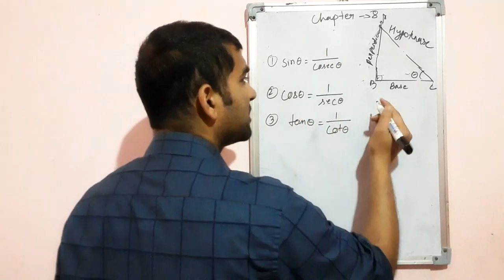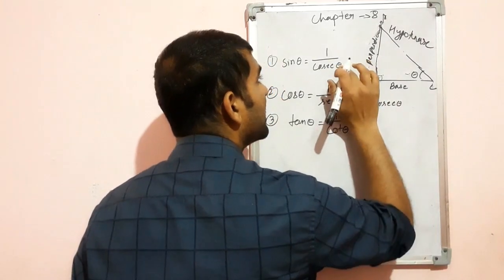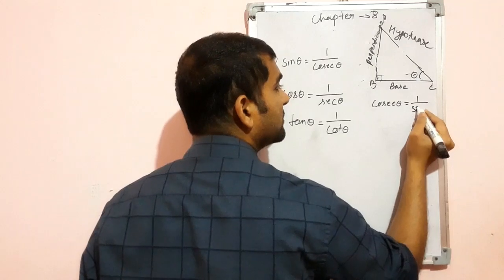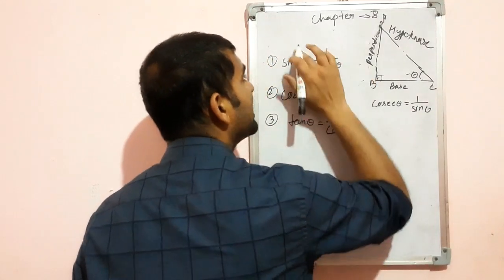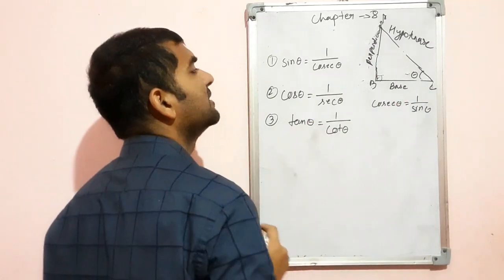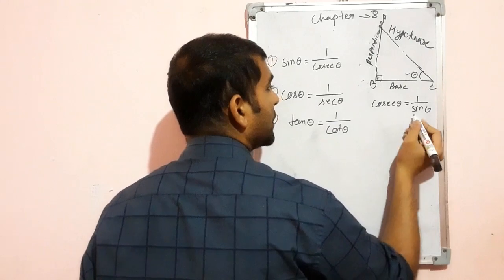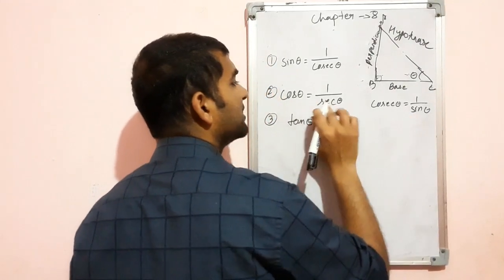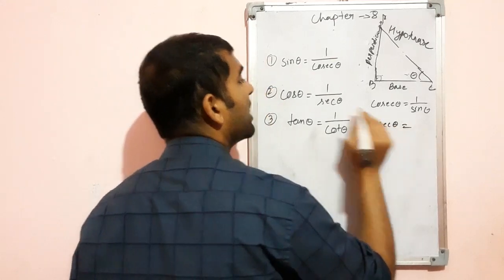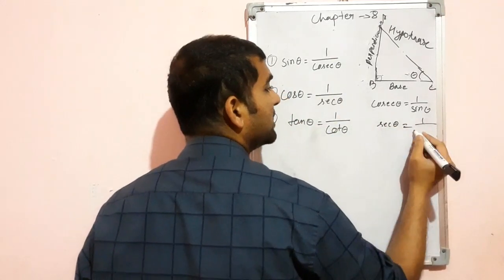Next, just the opposite of this. Cosec you can write as 1 by sin. Cross multiply and you will get it also, right? So cosec we write 1 by sin theta. Next, sec theta is 1 by cos theta, just the opposite of this one.